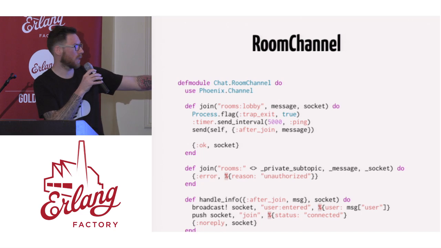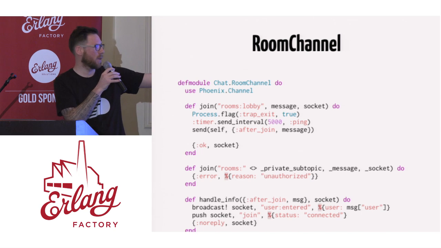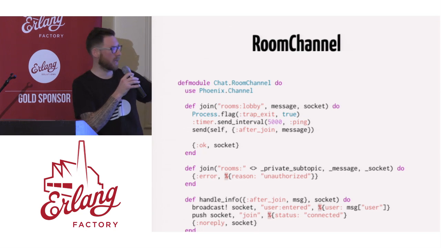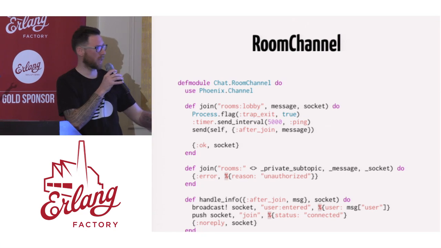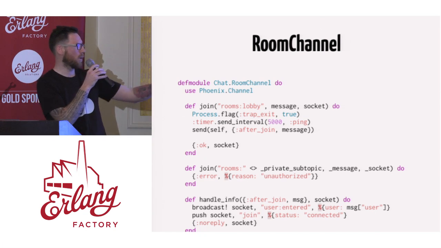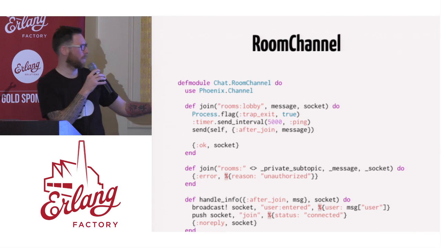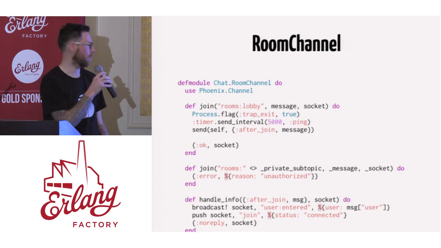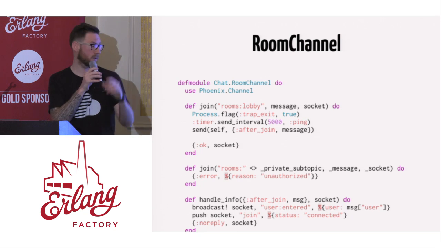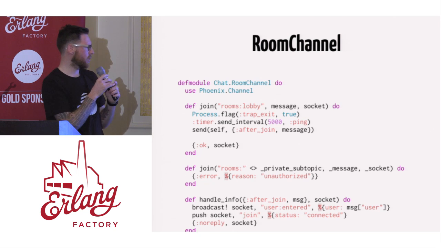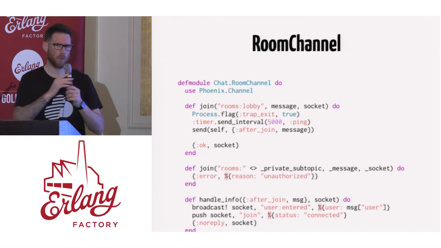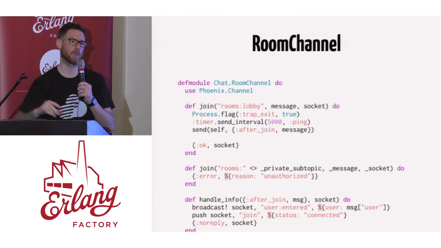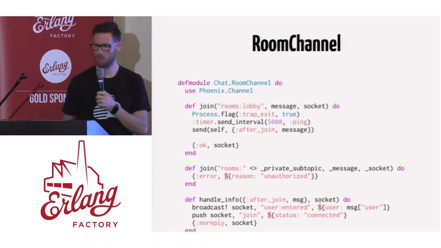So we have rooms: and then we're using the string concatenation operator here, with the rest of that string being the subtopic. And then you could just return error, with a reason, unauthorized, if you don't want anyone to join something else. So then we can also use broadcast, which will broadcast an event with a payload to all subscribers that are subscribed to this particular topic.